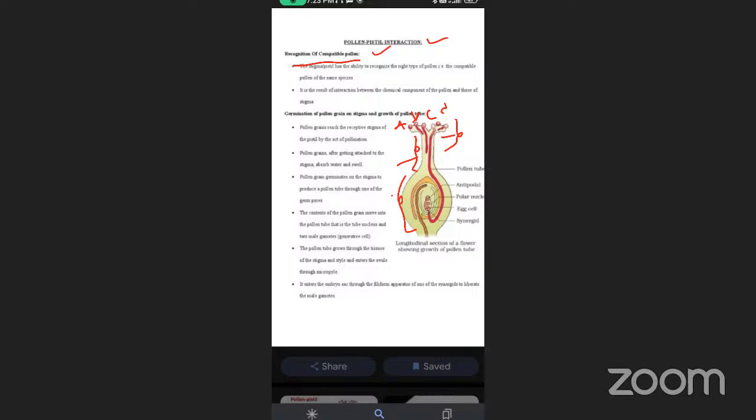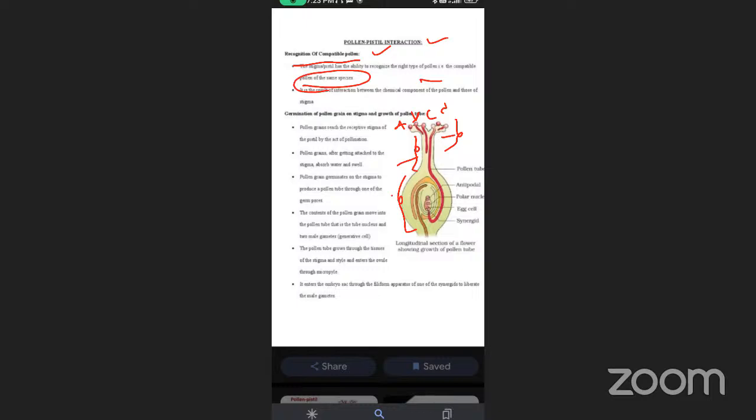The stigma has the ability to recognize the right type of pollen.